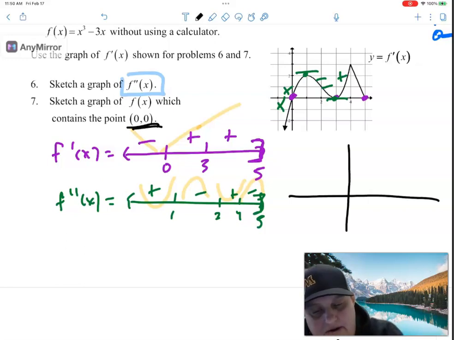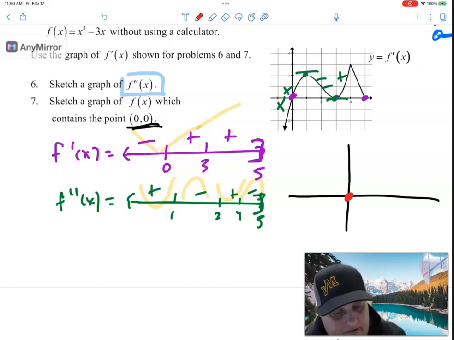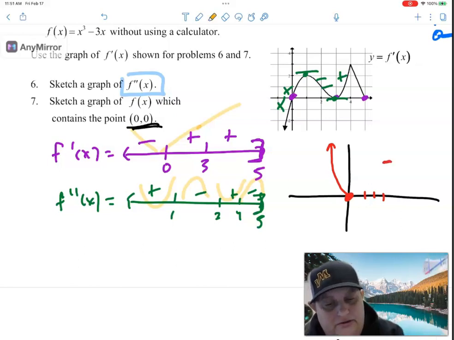Now it has to give me some kind of a starting point. So it did tell me to start at 0, 0. Now to the left of that, it's decreasing, concave up is what that looks like. And then at 3, it looks like there's a flat part, because it's going to increase and then go flat and then increase some more. But here's how the concavity goes.